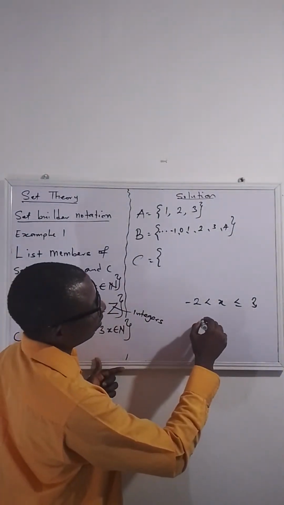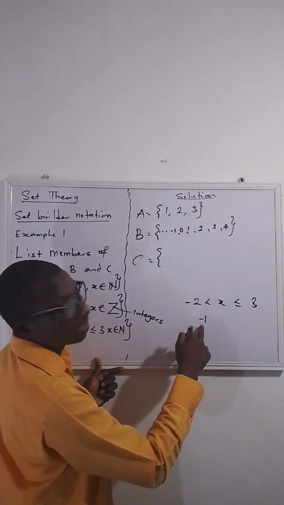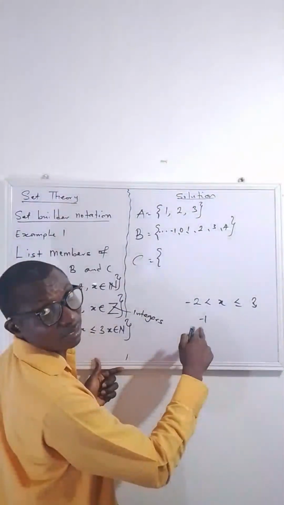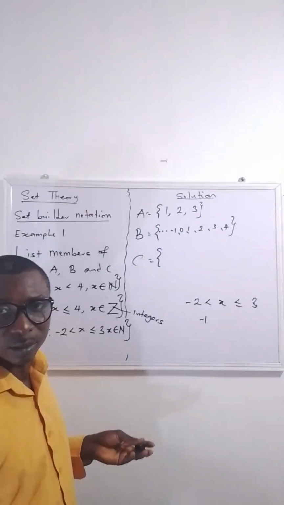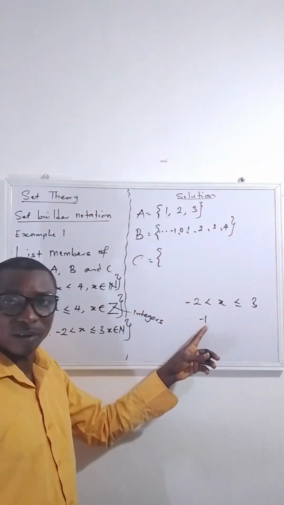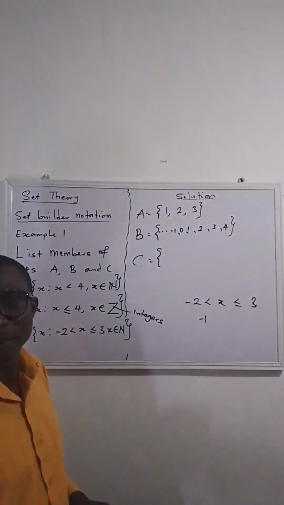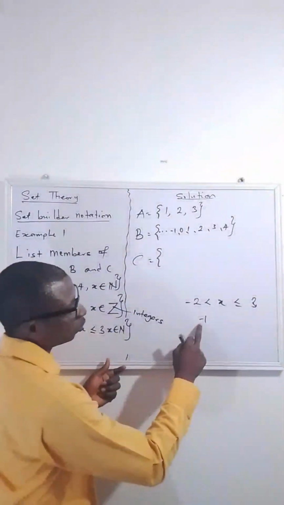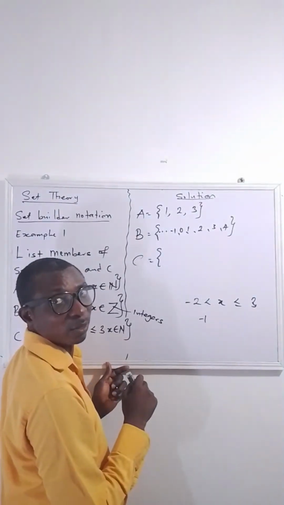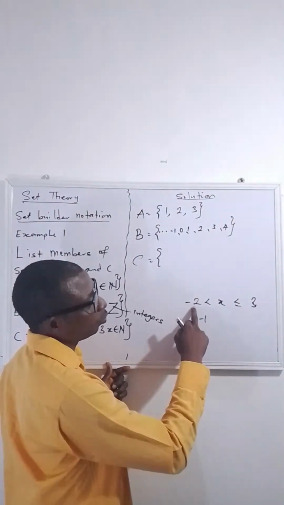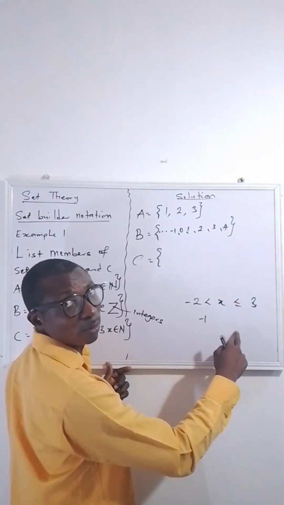So we have -1. -2 is less than -1. If you are having a debt of 2 and somebody is having a debt of 1, the person having a debt of 1 is better off than someone having a debt of 2. So -1 is more than -2, and we said -2 must be less than the values we are going to list.